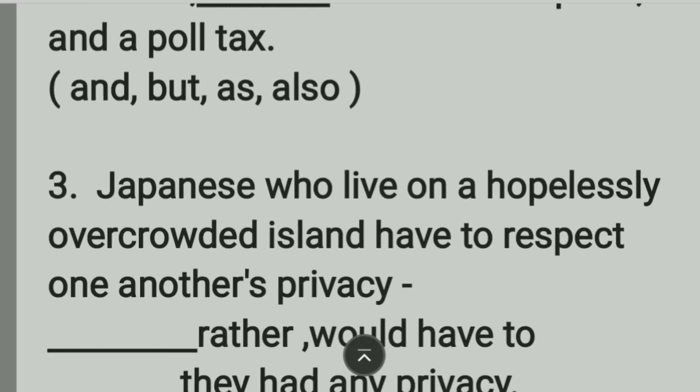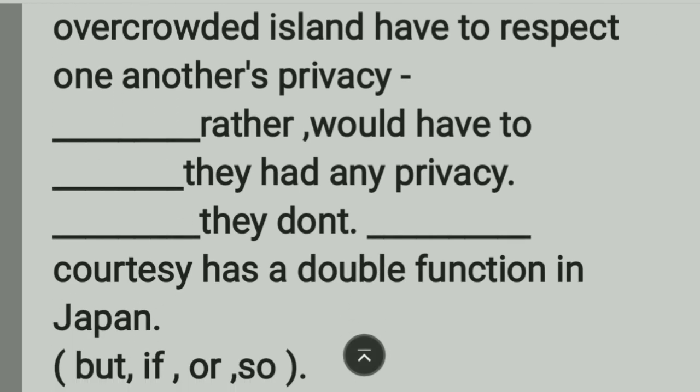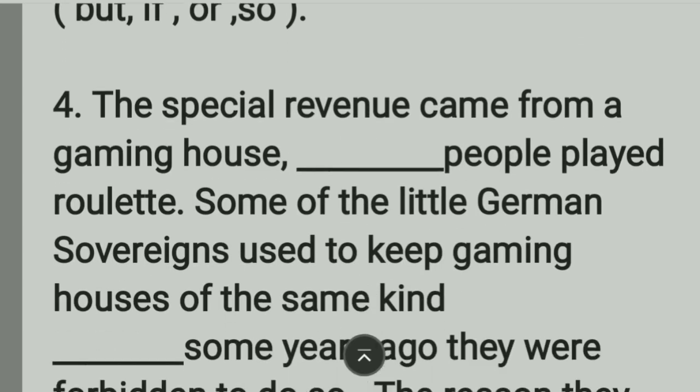If they had any privacy, then they had to respect that. But they don't. Contrast again, but they don't. They have to do this, but they don't do that. Contrasting, right? So courtesy has a double function in Japan.